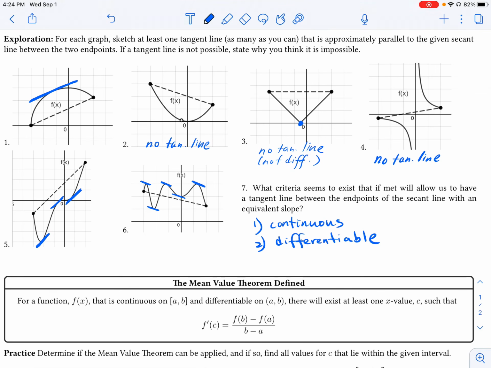If a function is continuous on the closed interval and differentiable on the open interval, there must exist at least one x value, which we'll call c, such that f prime of c, our instantaneous rate of change, which gives us the slope of the tangent line in these previous problems, is equal to the average rate of change, which gives us the slope of the secant line.